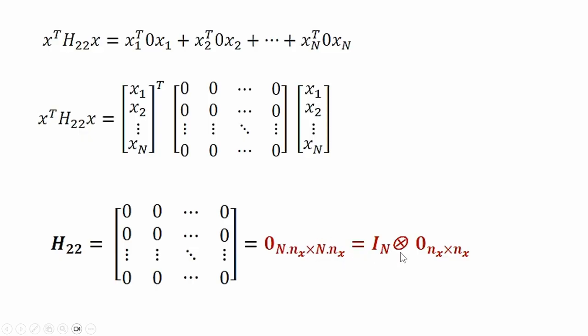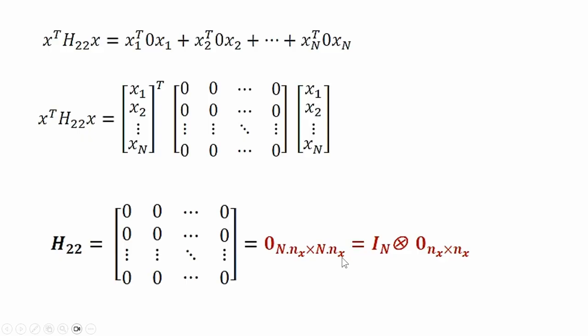So if we take the Kronecker product with an identity matrix, we will get this matrix. Or in easy terms, we can also write like this. This is a matrix of zeros which has n times nx number of rows and n times nx number of columns. Here we have to take into account n times nx, and not just nx.